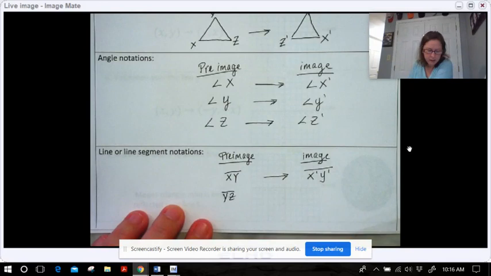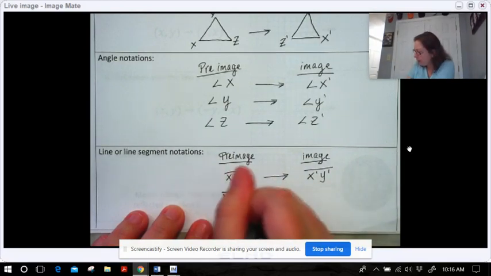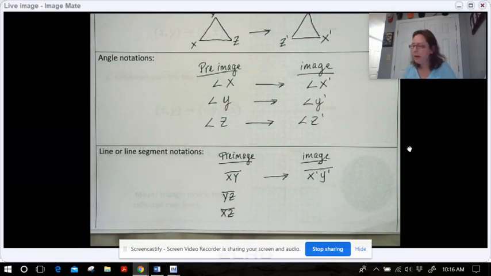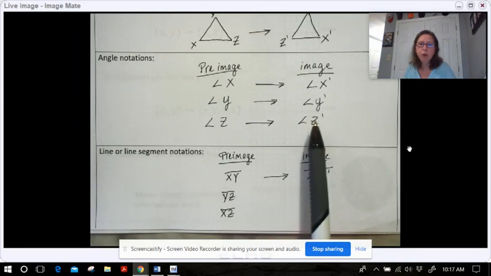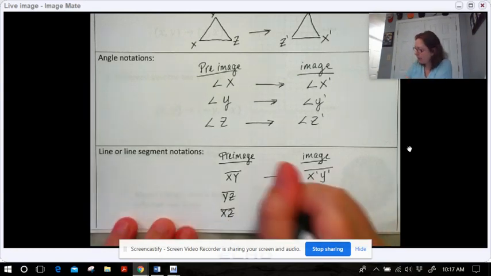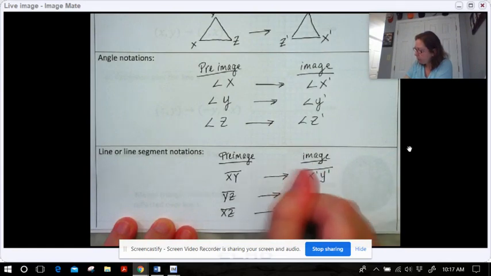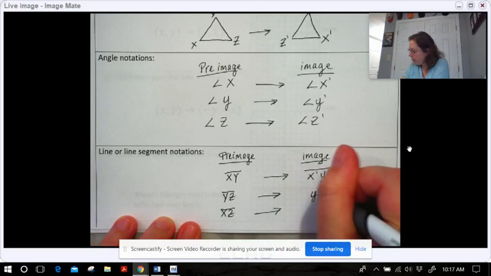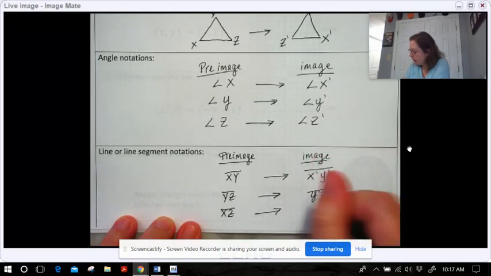So YZ and XZ. And now let me just take a quick moment to point out that I do cross my Z's every single time. If I don't cross my Z, you can see here that sometimes it often can look like a 2. So if it is crossed, it's the letter Z. Okay, and then let's go ahead and fill in our Y prime, Z prime, and X prime, Z prime.